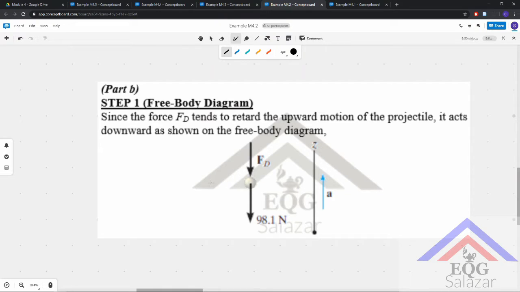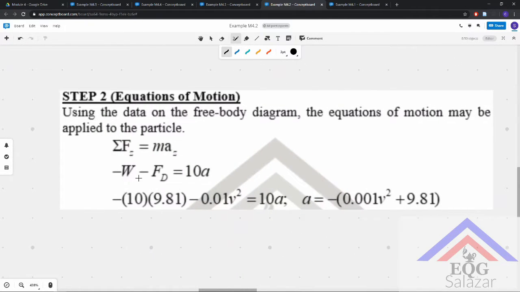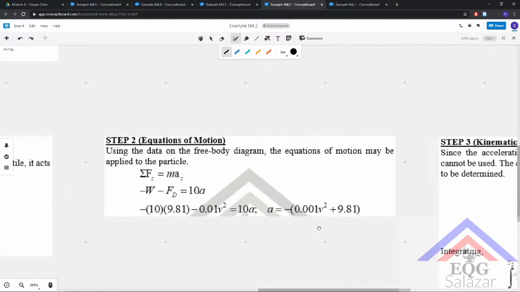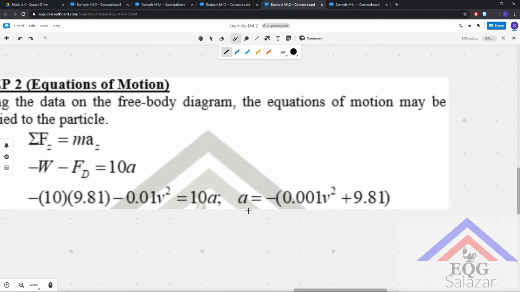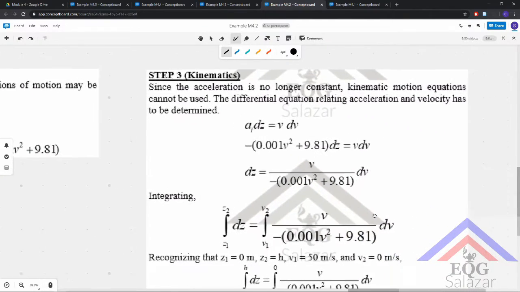So this will add to your equation of motion here: negative w minus fd, and so a will be a function of v, and you use this expression of a in terms of v in your kinematic equations.